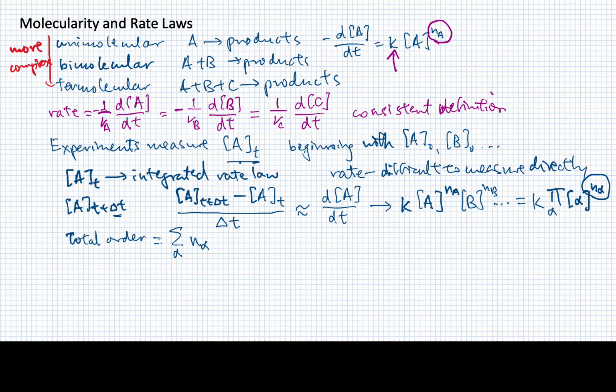Now how are we going to proceed with this? I'm trying to give you a general outline so that you'll understand what it is we're doing in the subsequent videos. But what I'll say is that in general what we want to do is measure something where we have the maximum amount of information available at the beginning, and what we're measuring is maybe just one parameter. I've mentioned already that we're mostly measuring the time dependence of the concentration of a reactant.